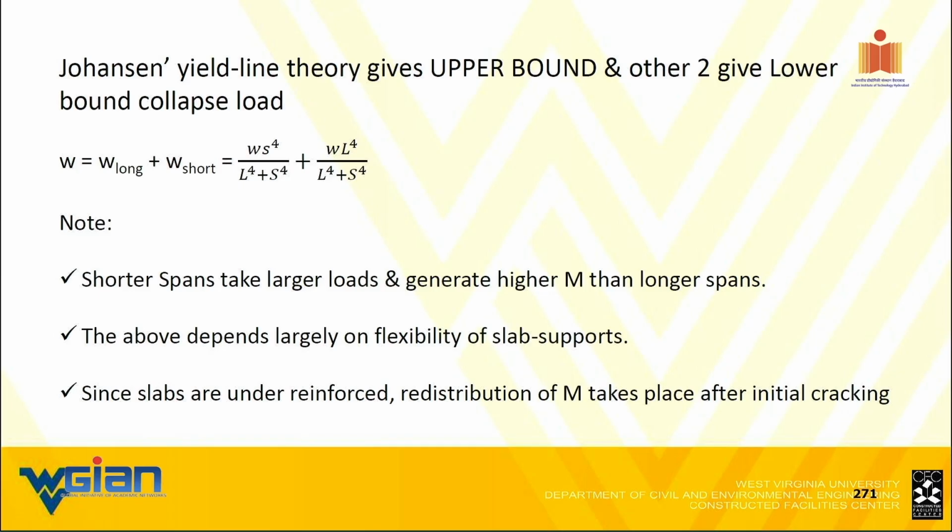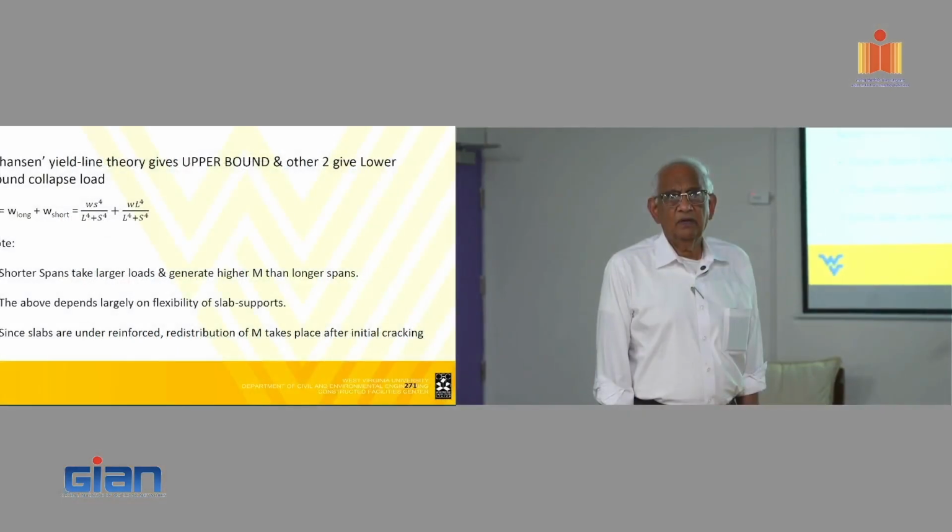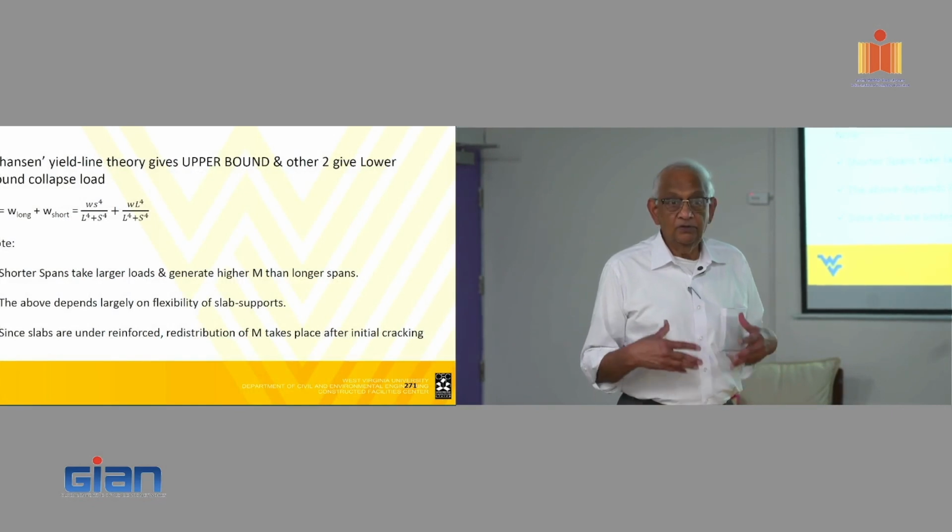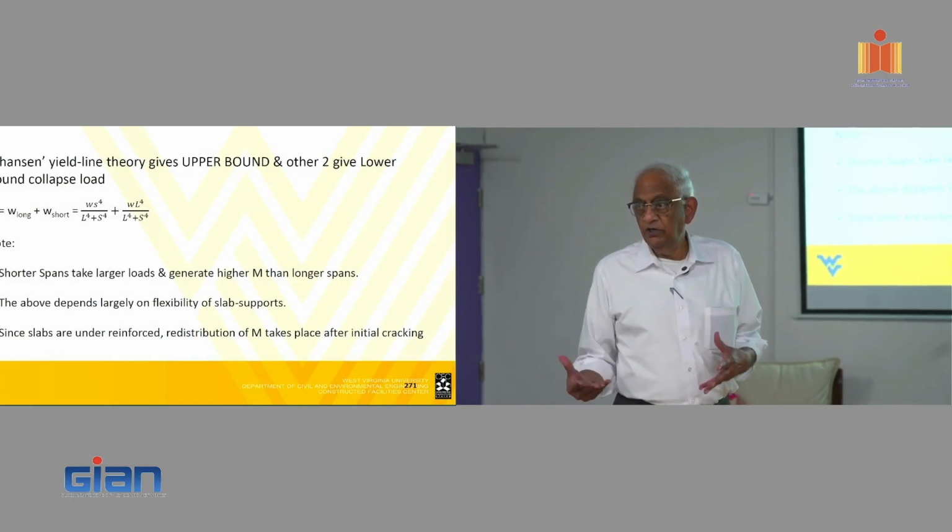If my concrete column or a beam or a slab does not crack, I am going to have fantastic elastic analysis working perfectly. Whereas if that beam or that slab or that column cracks, what happens? Moment gets redistributed. Where would it go?